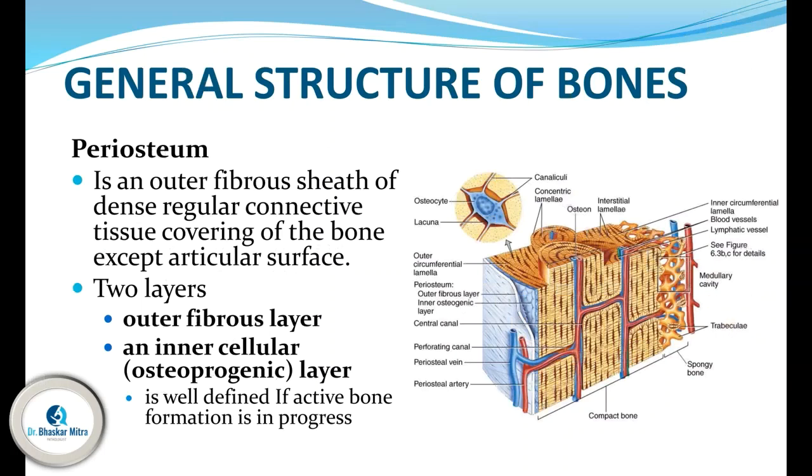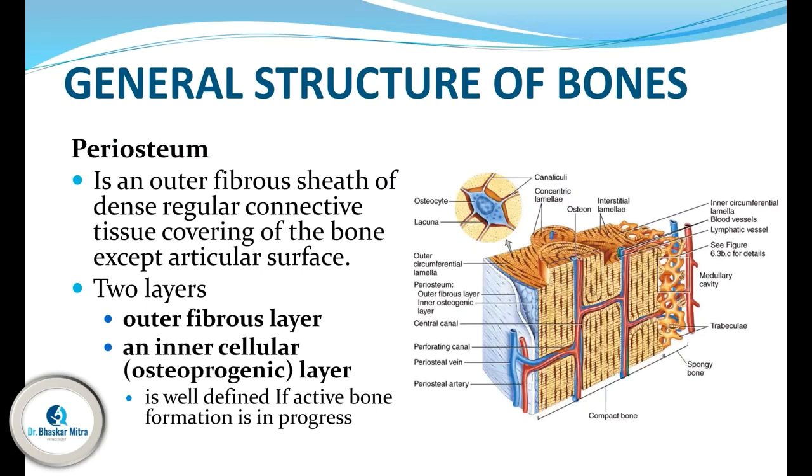Now coming to the general histological constitution of the bone, I will go from outside to inside. On the outside there is a layer called periosteum which is covering the bone. The outermost part of that consists of a fibrous sheath. It is of dense regular connective tissue overlying the bone surface.